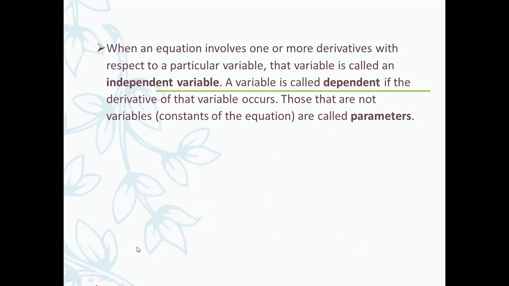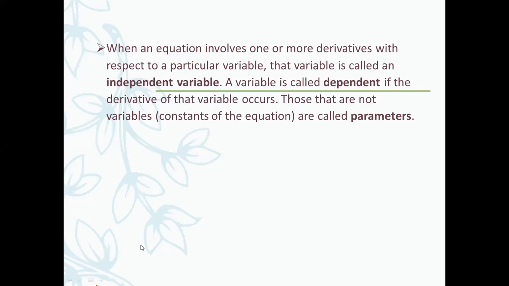Now, when an equation involves one or more derivatives with respect to a particular variable, the variable is called an independent variable. So that is the variable present in the denominator. A variable is called dependent if the derivative of that particular variable occurs. The letters that you see in your derivative are your variables already, either independent or dependent.